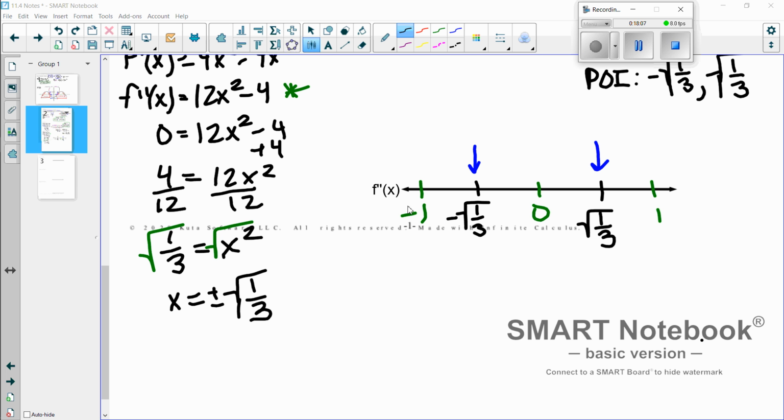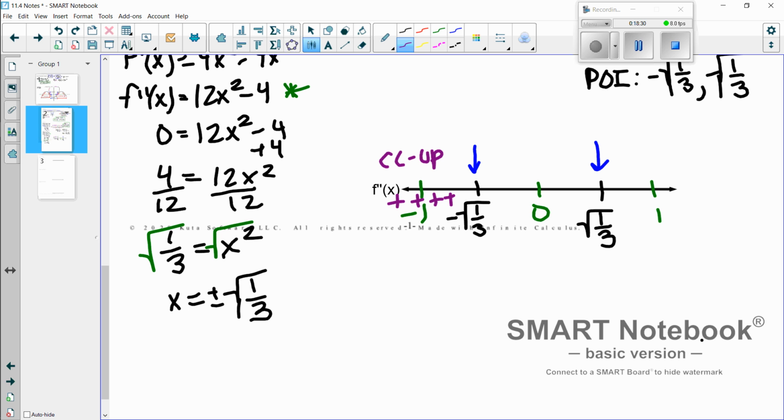We plug in -1 first into 12x squared. Well, -1 squared turns positive, so 12 is still positive times 1, minus 4 is still positive. So the second derivative is greater than 0. This interval is positive, so we have concave up here.